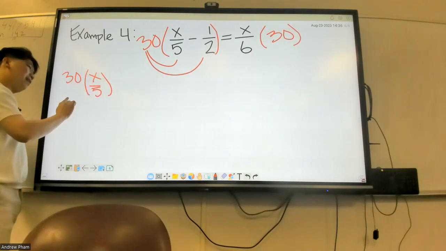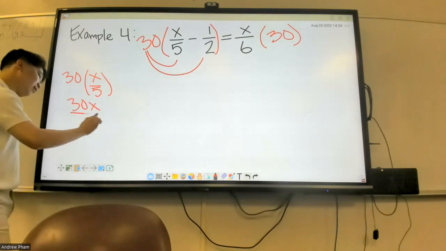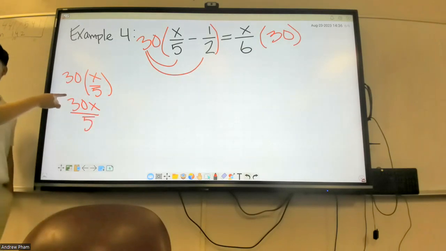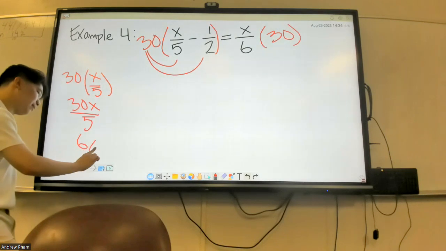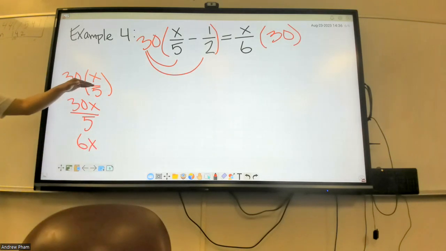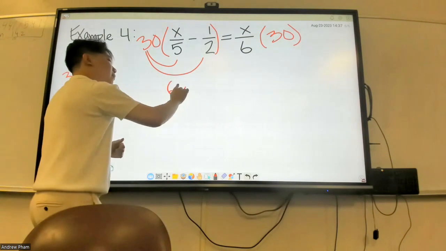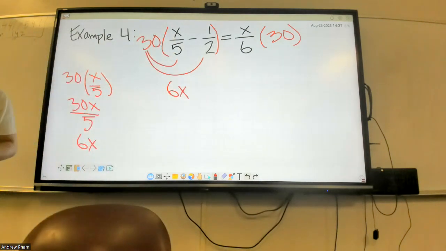One way you might think of that is that this is 30x over 5. And then what's 30 over 5? 6. Or you could have looked at this directly and said, this is basically saying what's 30 divided by 5? So we get 6x. That's from this first one.